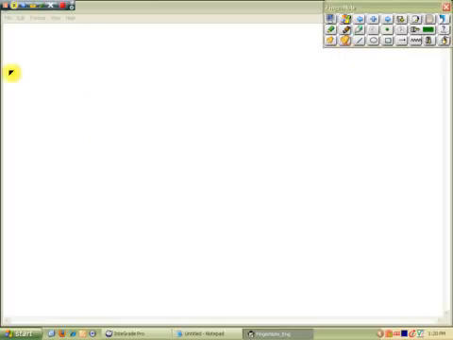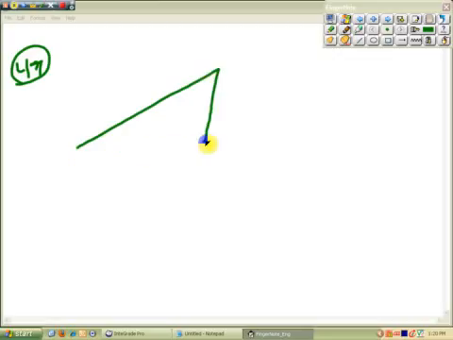Now 47. You have a triangle. B is here. They want the cos of B. So 7, here are the sides they give you.